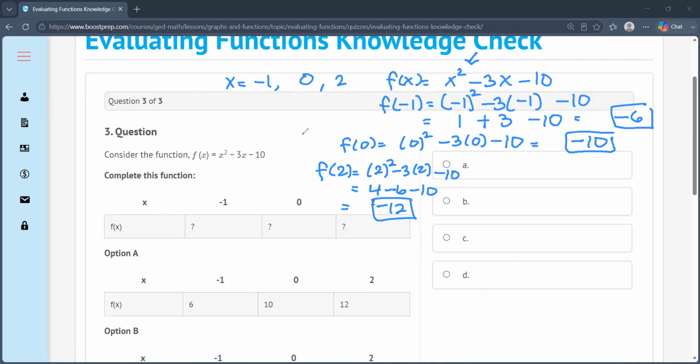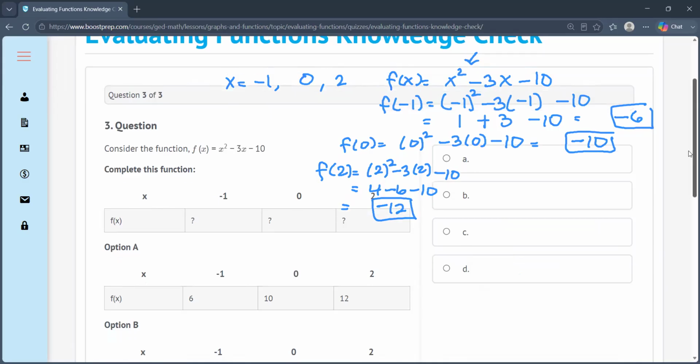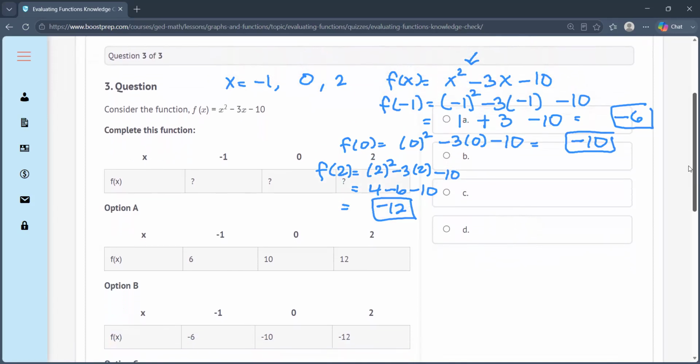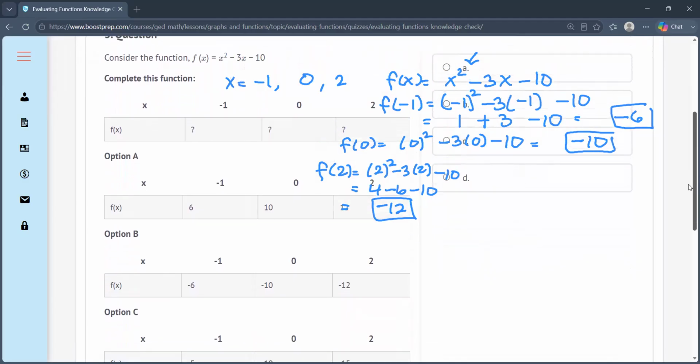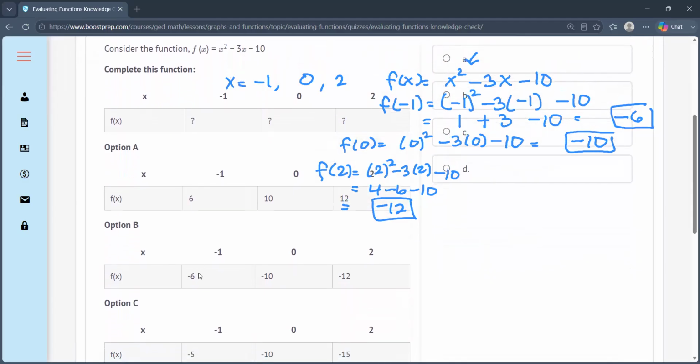So those are your outputs: -6, -10, -12. It looks like option B: -6, -10, and -12. Yep, option B.